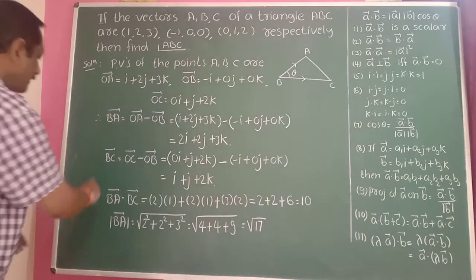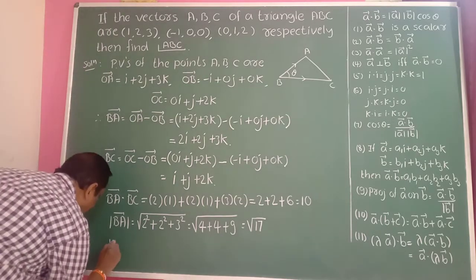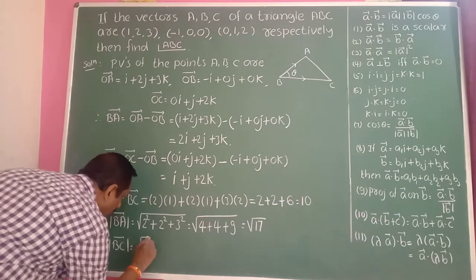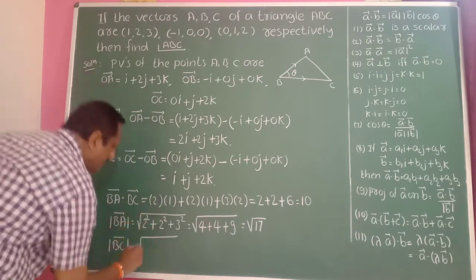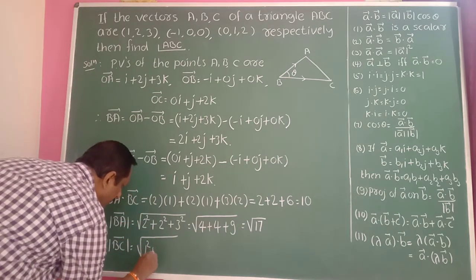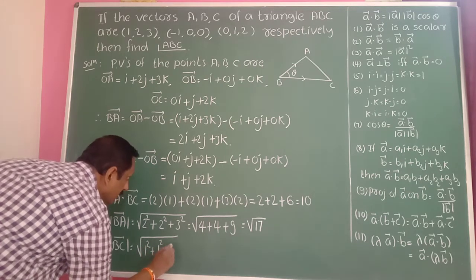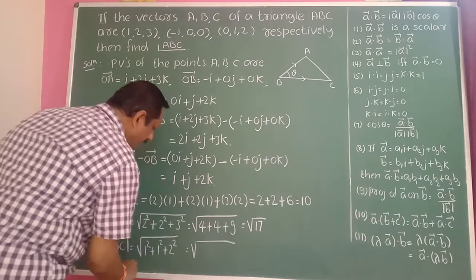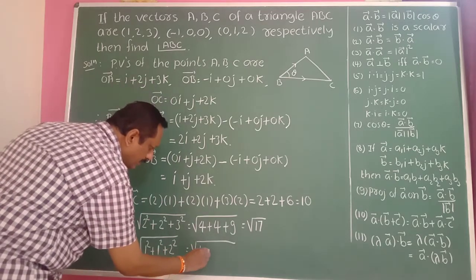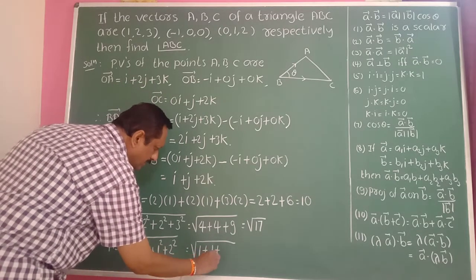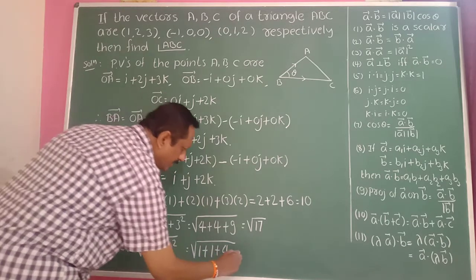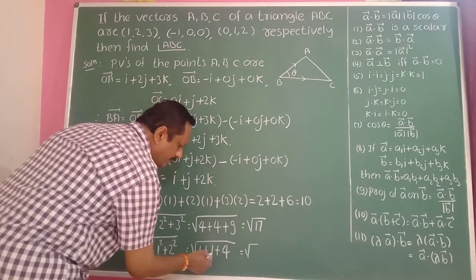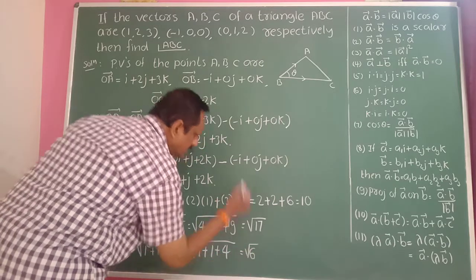Then the modulus of the vector BC is equal to root of 1 squared plus 1 squared plus 2 squared, which is root of 1 plus 1 plus 4, which is root of 6.